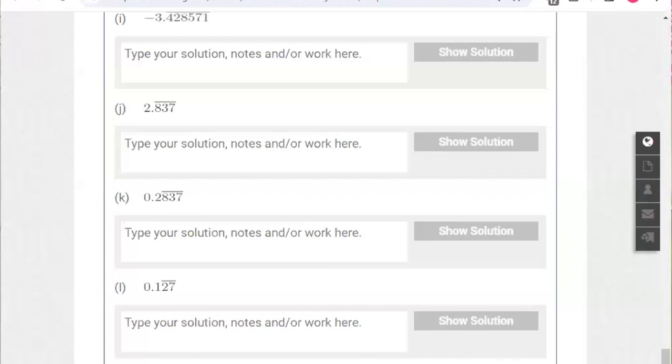And 999 divided by 9? 111. Oh, wait a second, it's 110. Sorry, my mistake. And is it reducible? Are you done?